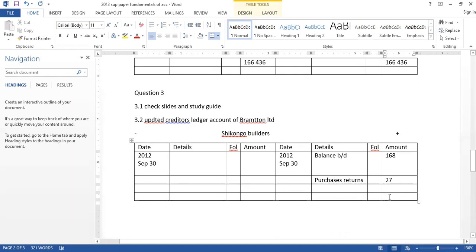So let's quickly balance. Obviously, the credit side is the biggest, 168 plus 27, which will give us 195 on both sides. And then we'll get a balance carried down of 195.